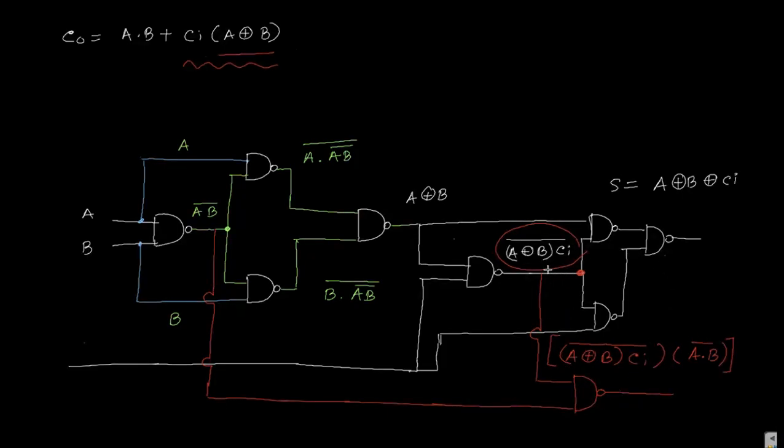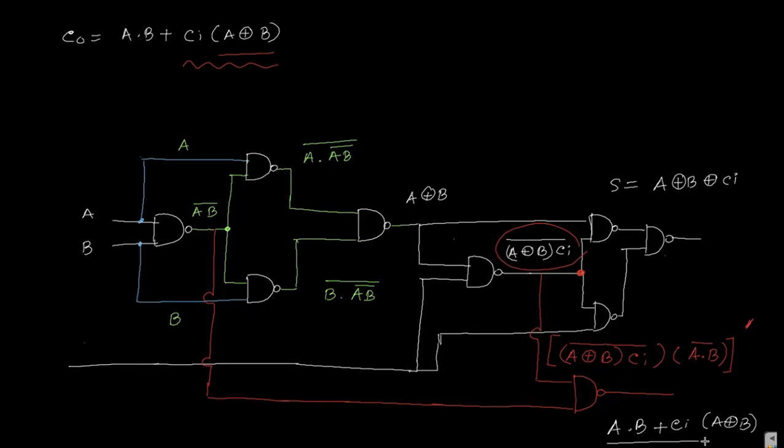So this is the input of A XOR B and Ci, and it is A and B bar. Both are fed to this NAND gate, so we can make one entire NOT operation. If we solve this, it becomes A dot B plus Ci into A XOR B.